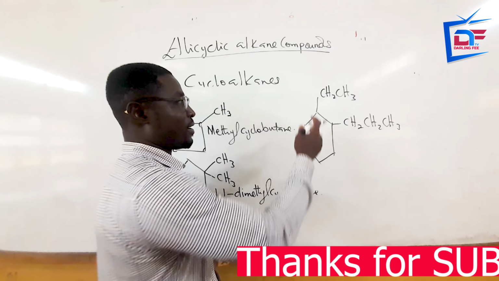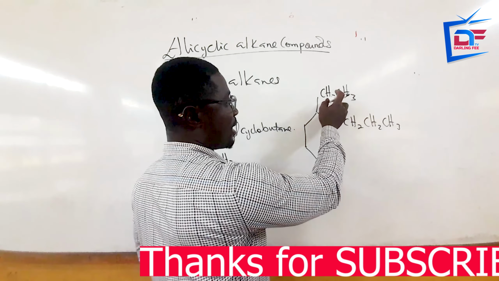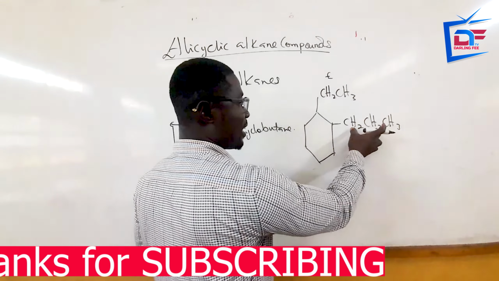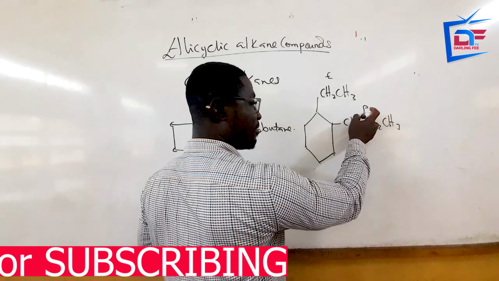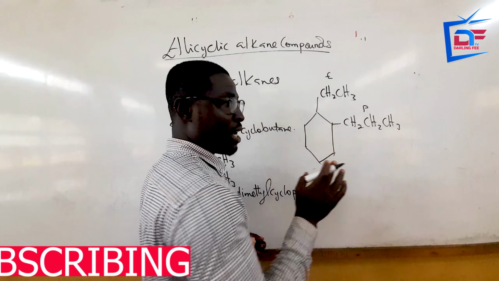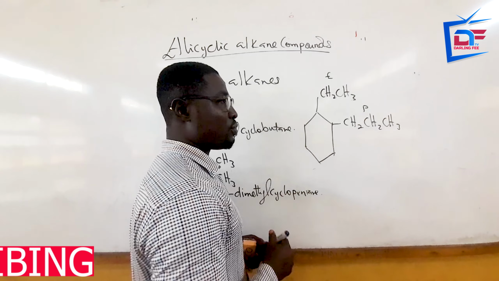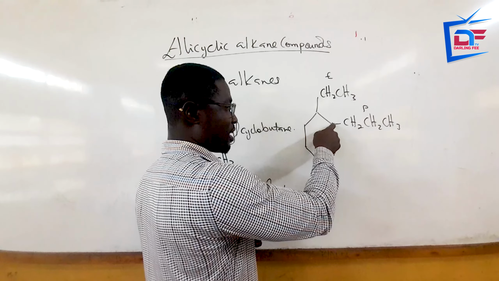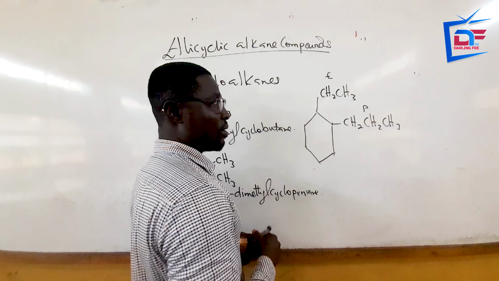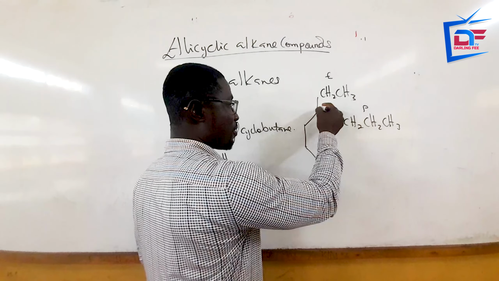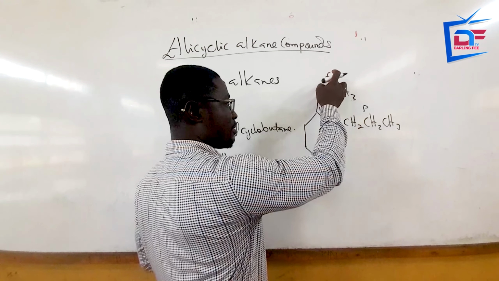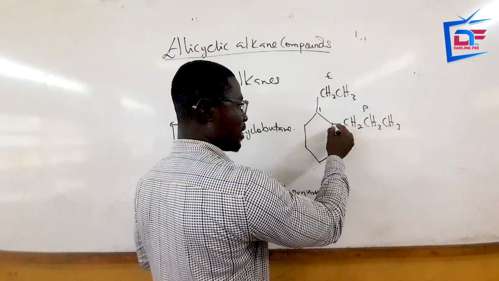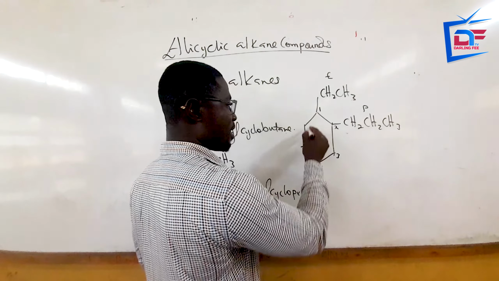Now let's look at this one. We are having an ethyl group here, which is E, and this is propyl, that is giving us P. So in naming, the rule says that we should use alphabetical order. So I cannot start the counting from here, 1, 2, 3, no. What I have to do is start the counting from here, because in terms of alphabetical order, E comes before P. So 2 here, 3, 4, 5, 6.